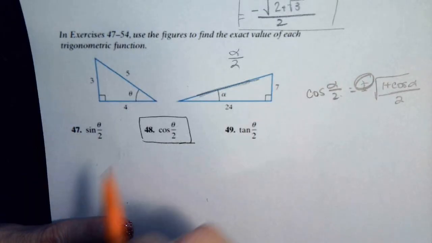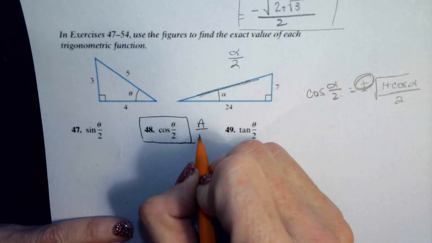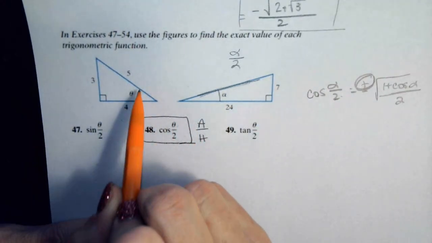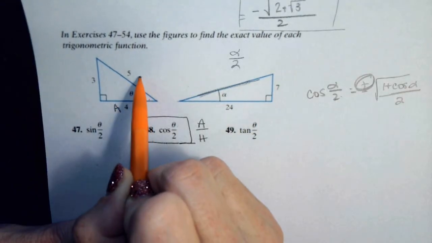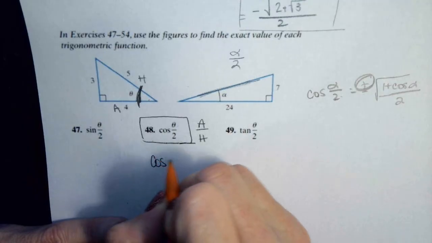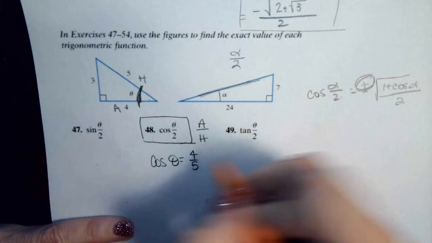But given that this is cosine, and we know cosine is adjacent over hypotenuse, in respect to theta right here, this would be adjacent, this is the hypotenuse. So cosine of theta is going to be 4 over 5.